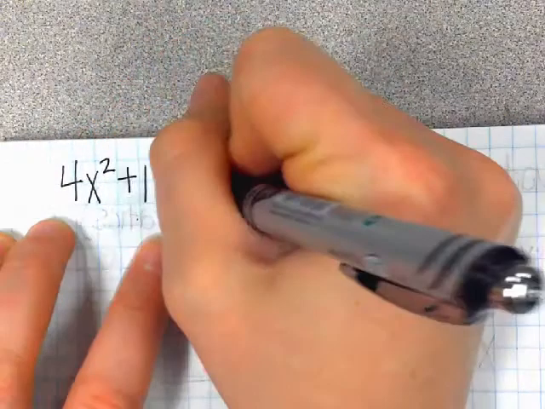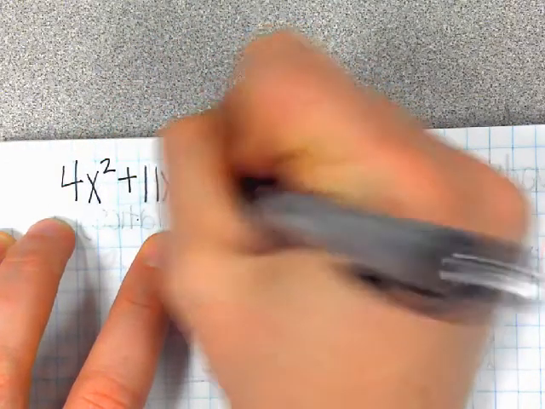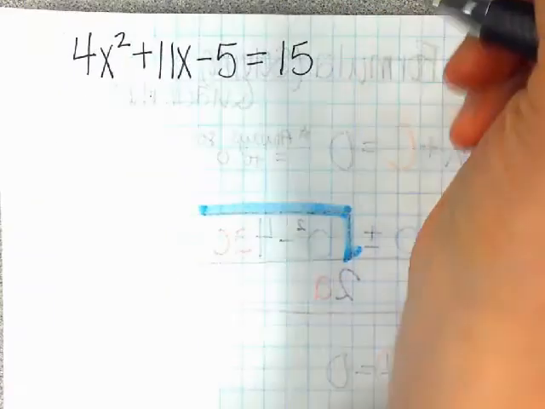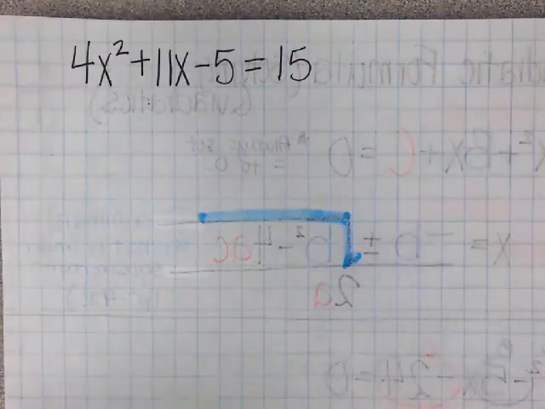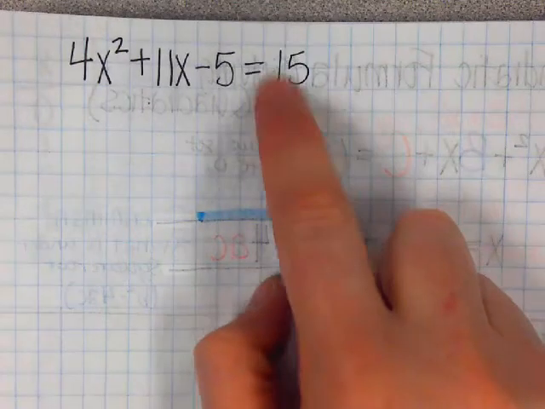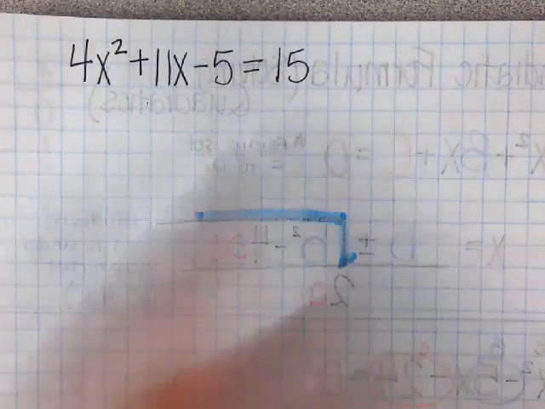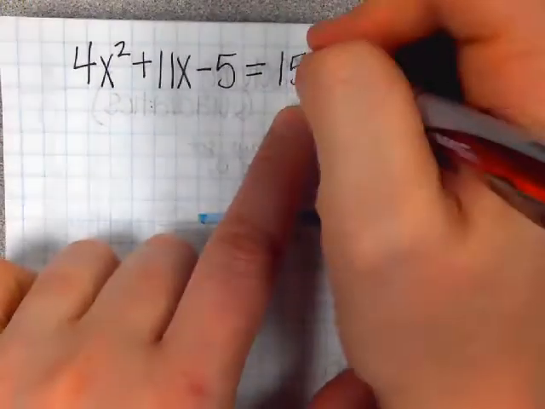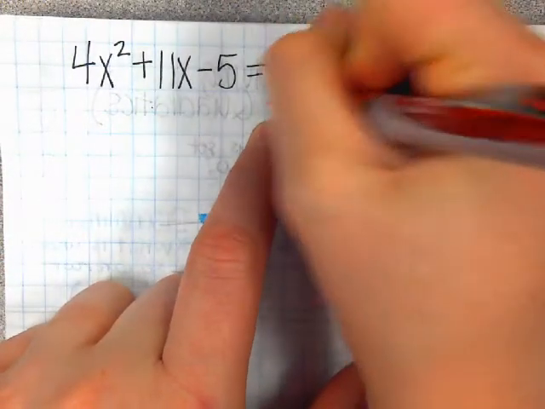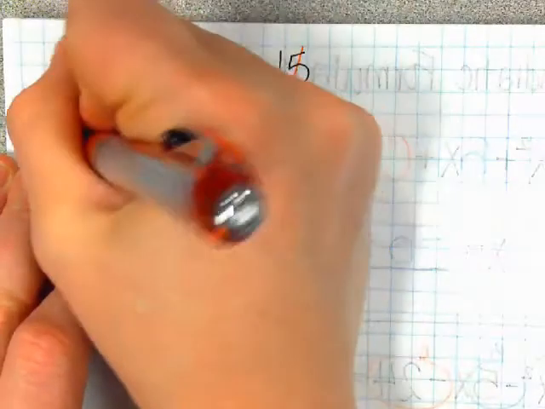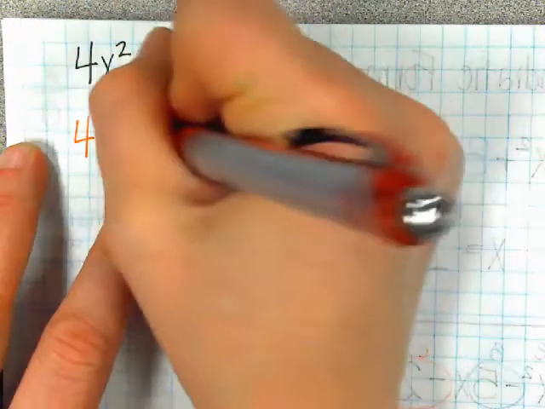4x squared plus 11x minus 5 equals 15. Now, notice on that formula that you wrote down just a minute ago, it was set equal to 0. You have got to set it equal to 0 in order to get your answer. So the first thing I need to do here is get it set equal to 0. So I'm going to subtract 15 and subtract 15.